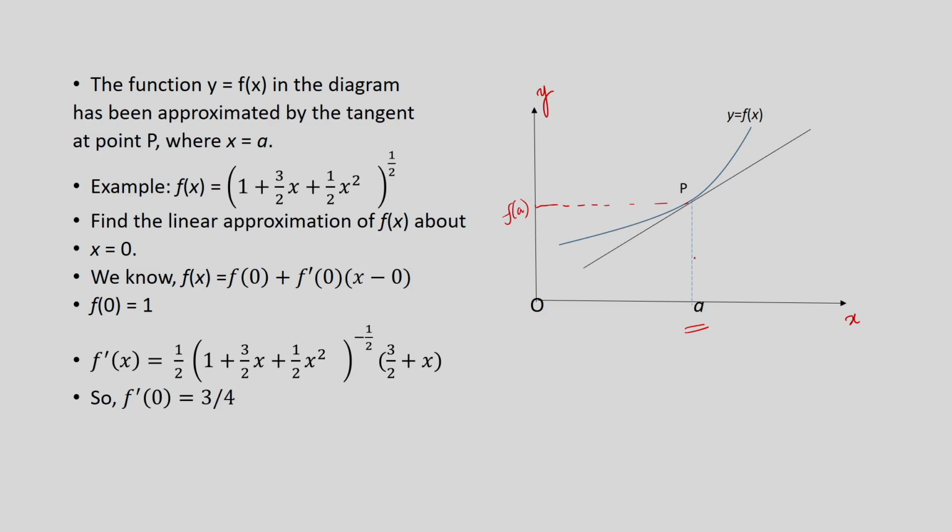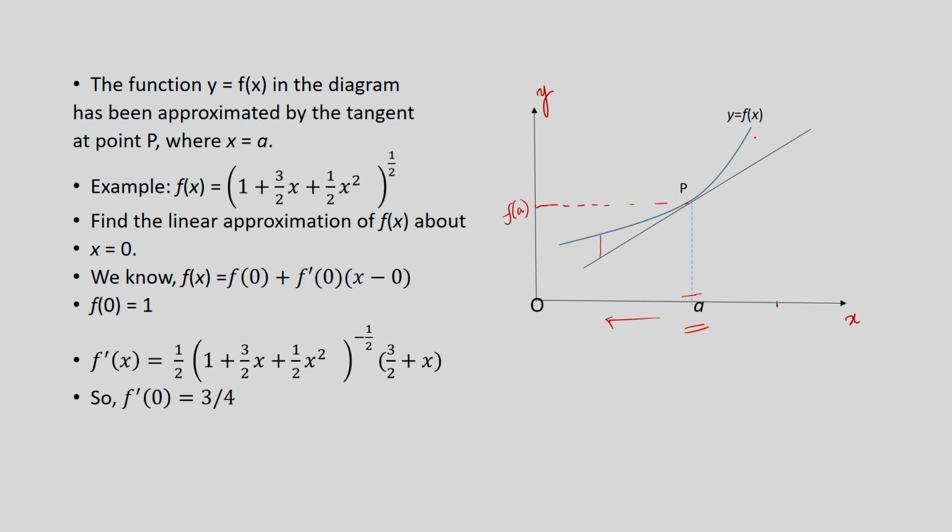Now, notice if you are in the neighborhood of this point x is equal to a, then the change in the value of the function is roughly equal to the change in the value of the line representing the tangent, right, around the point A. But if you take a point very far away from this point A, then this gap is rising.